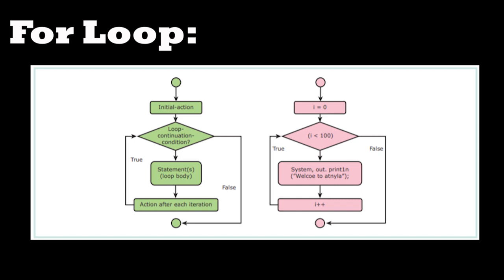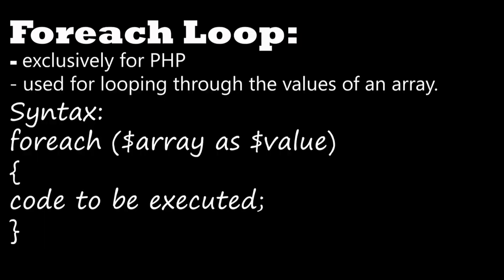Okay, next we are going to see the foreach loop. This one you won't have seen in Java and all, right? For loop, while loop, do while loop you have seen in Java. This foreach loop is exclusively for PHP only. Mainly this is used for looping through the values of an array. In the last chapter we have seen about arrays. When you are using an array, and you need a loop, we'll use this foreach loop.